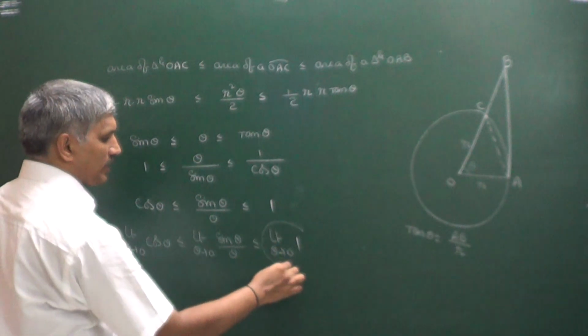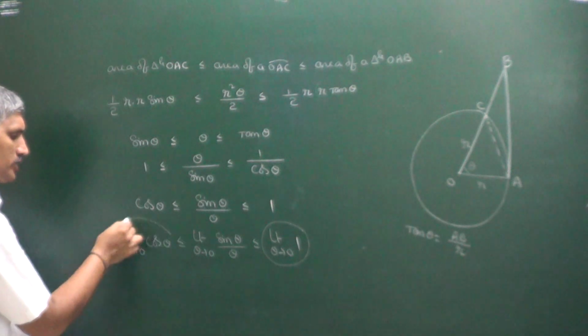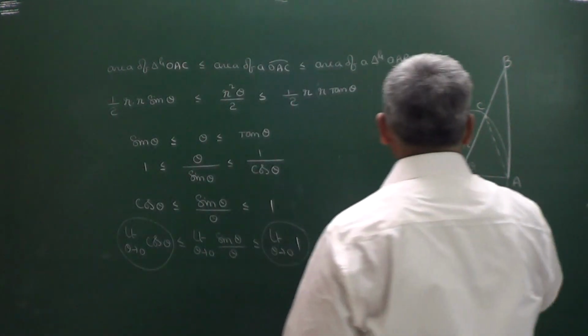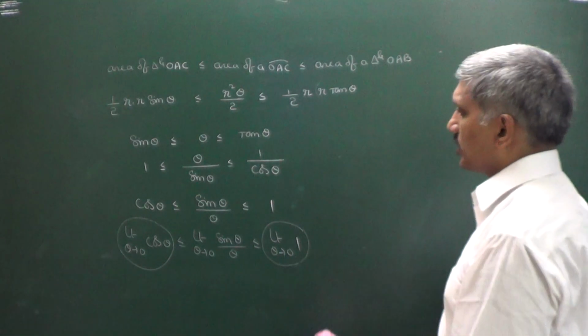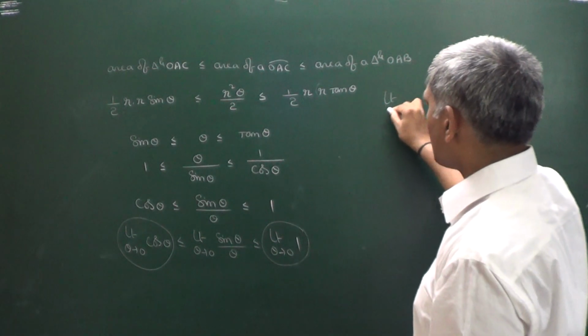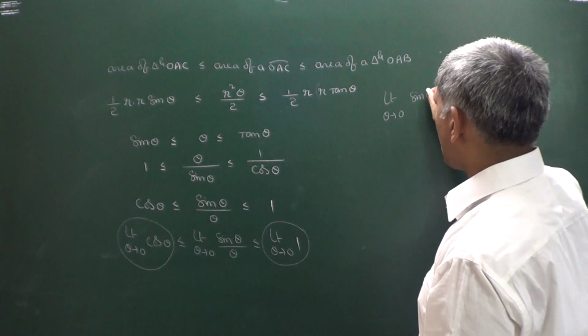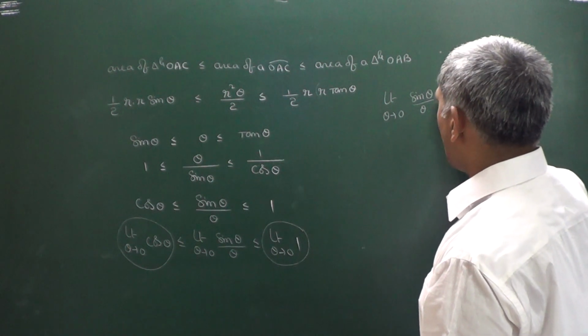We know this limit value is equal to 1. We know this limit value is also equal to 1. So according to the sandwich theorem, limit theta tends to 0 sin theta by theta we can write as 1.